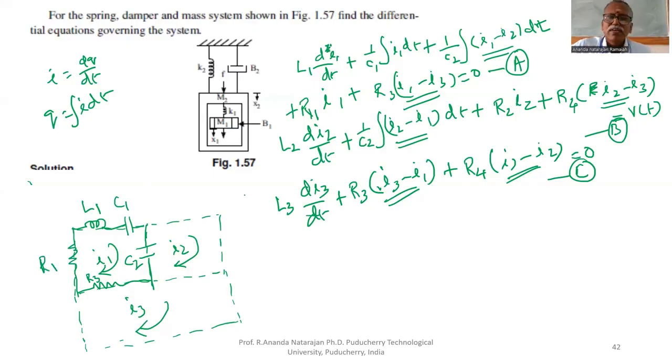That's all. If you take the second loop, L2 is in I2 only. So we can draw L2 here. C2 is between I1 and I2, already drawn. R2 is in I2 only. R4 is between I2 and I3. Therefore, R4 must be here.